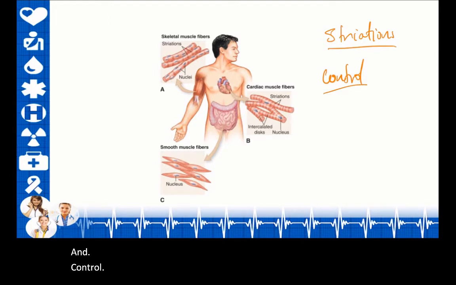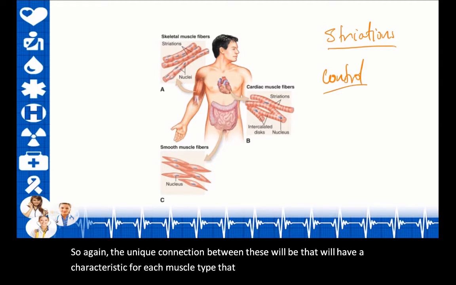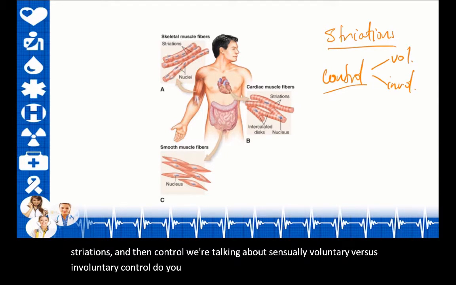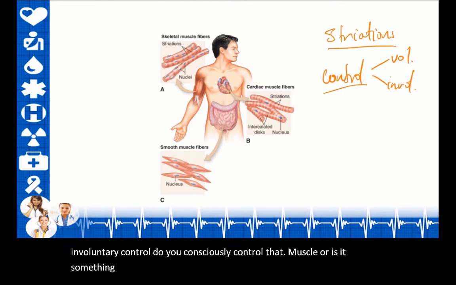So again, the unique connection between these will be that we'll have a characteristic for each muscle type that has either striations or no striations. And then control, we're talking about essentially voluntary versus involuntary control. Do you consciously control that muscle, or is it something that happens in the background and we don't have to think about it? So let's apply that.